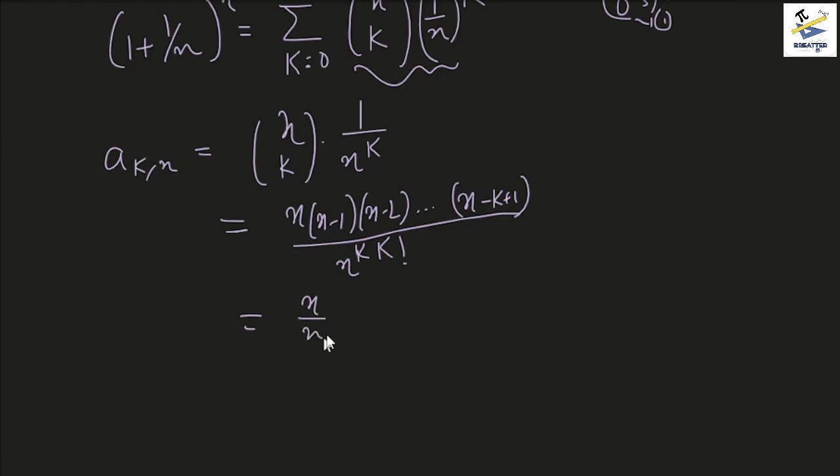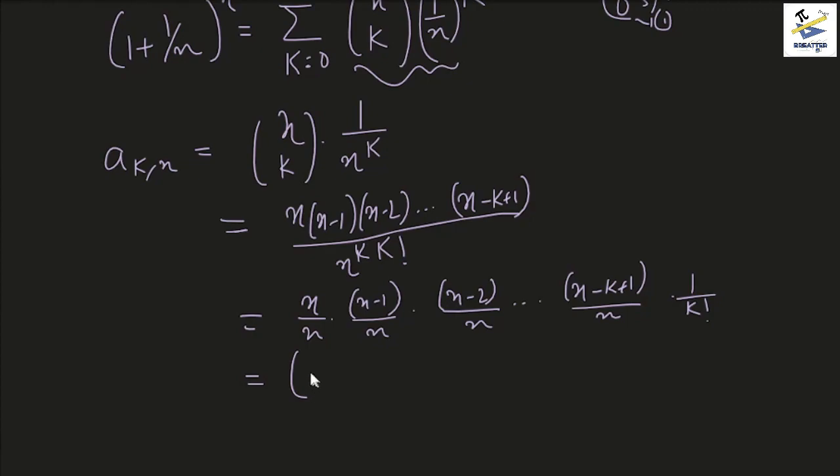x by x into (x minus 1) by x into (x minus 2) by x and all the way up to (x minus k plus 1) by x. And then there is a 1 by k factorial. And now there are k terms, so I have divided all the k x's in as denominator to this one.